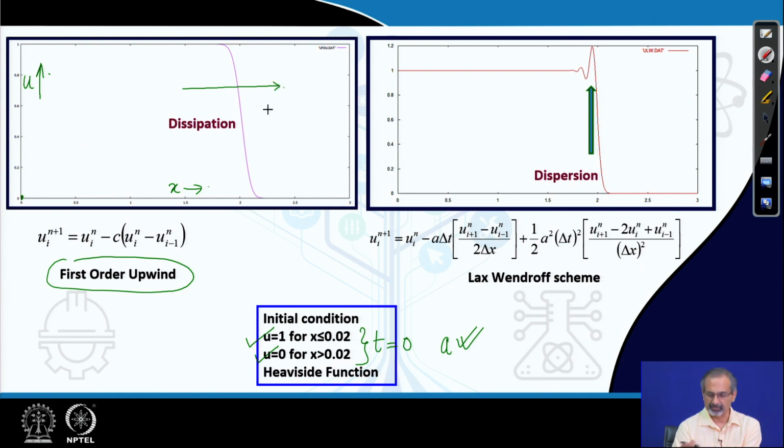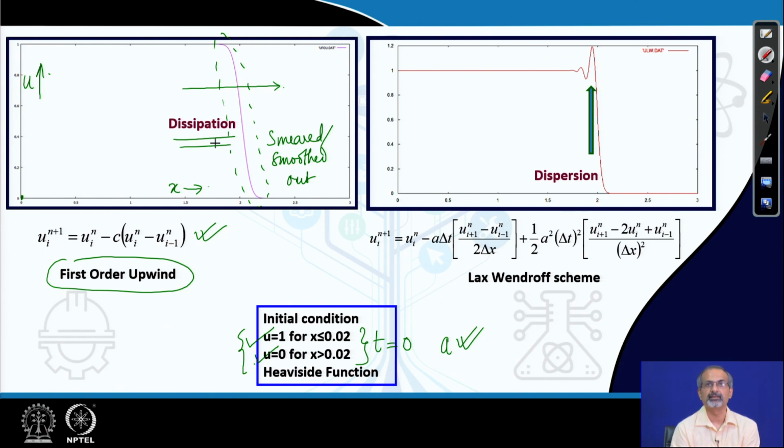You can see the jump. The jump was prescribed here itself. Now, as the jump moves, it gets smeared, smoothed out. Why is it? Because this scheme is a first order accurate scheme and therefore it suffers from dissipation error. If we look at another scheme, a very famous scheme called the Lax-Wendroff scheme, it is basically second order accurate.